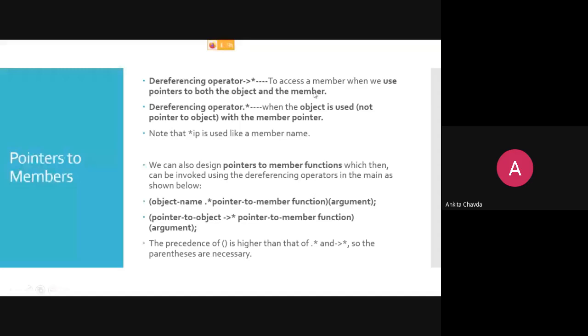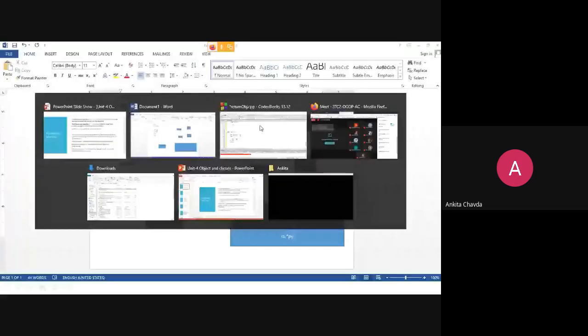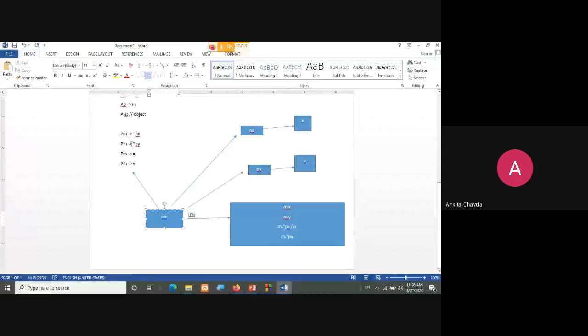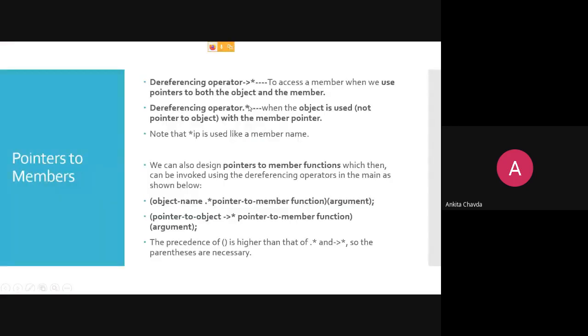And dot and star is used only when the object is used. Here only the object m is used, so this is dot and star. But when I'm using a pointer on the object, and also on my variables x and y, both having pointers, at that time you use arrow and star. This is what they have explained, arrow and star, dot and star.